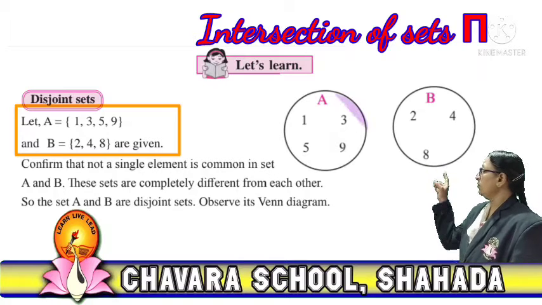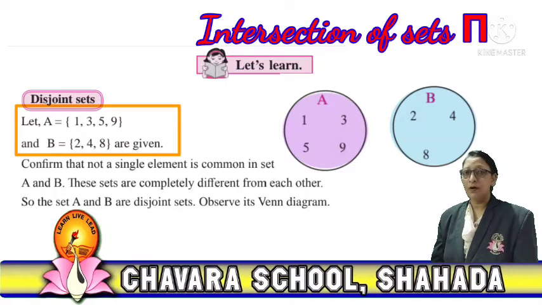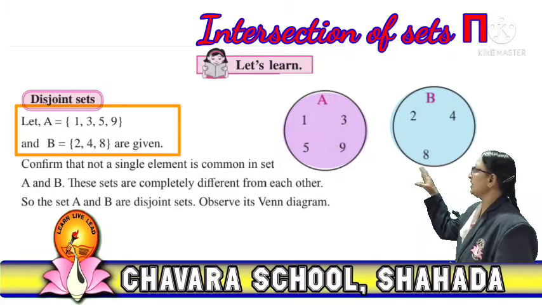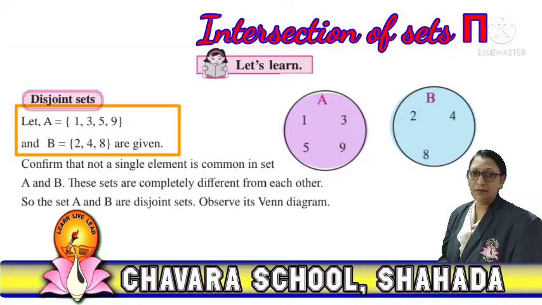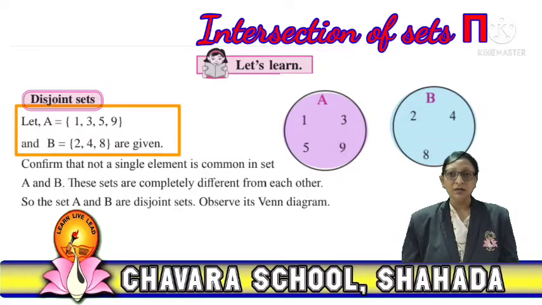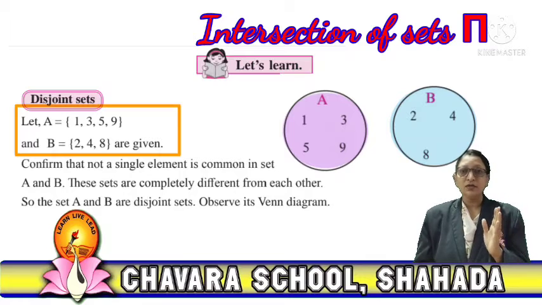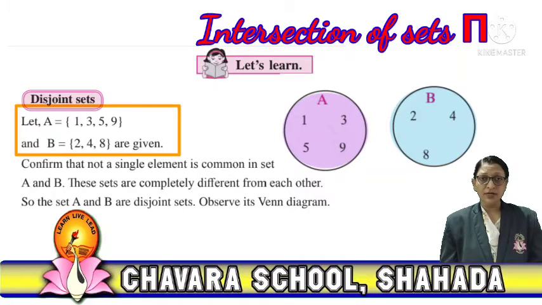From the Venn diagram, we confirm there is not a single element common in either set A or B. Therefore, we say that set A is completely different from set B and set B is completely different from set A. In this case, we say that set A is disjoint from B or set B is disjoint from A.